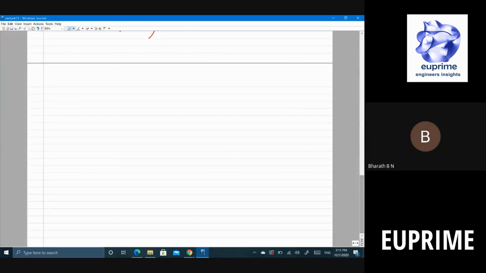Yes. If I say that fn converges to f, that means fn of x converges to f of x for all points x in the domain of f. When this happens, then we say that it converges pointwise.